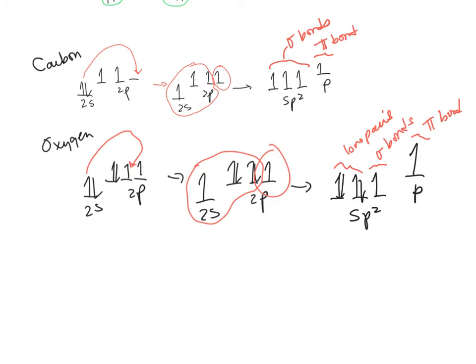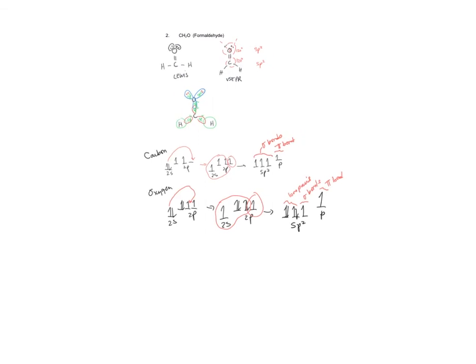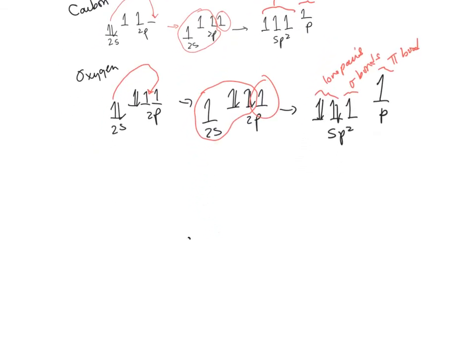Okay, so now you got it diagrammed, and then go back and we can just draw the stick figure: carbon, hydrogen, hydrogen, oxygen, and the lone pairs. So this would be a simpler depiction of the sigma framework.